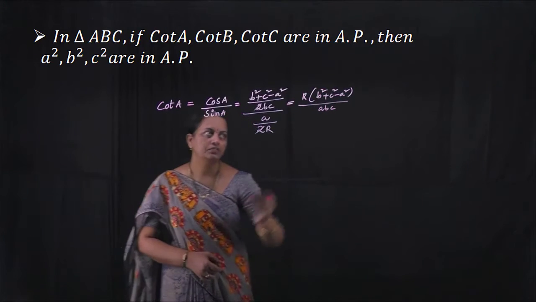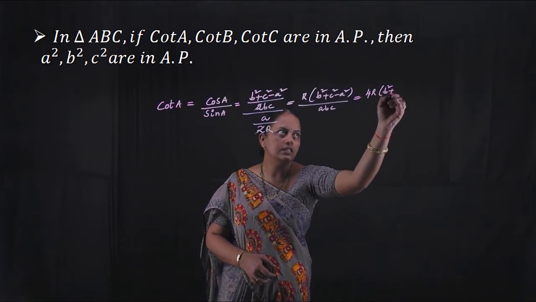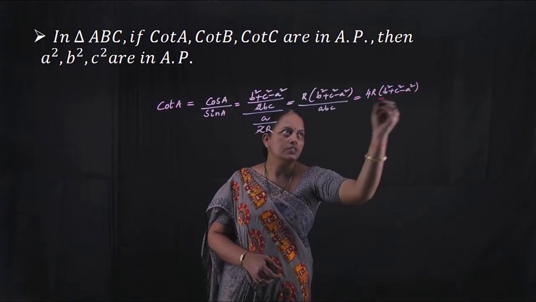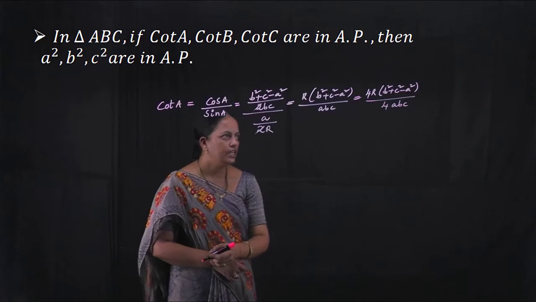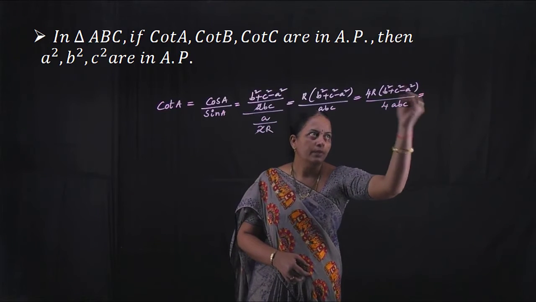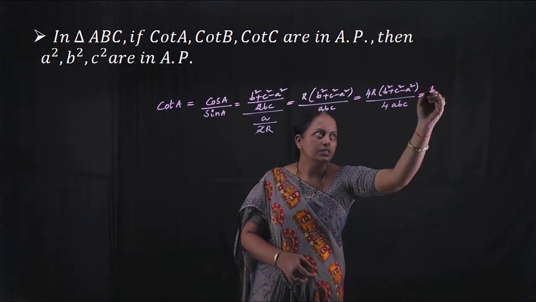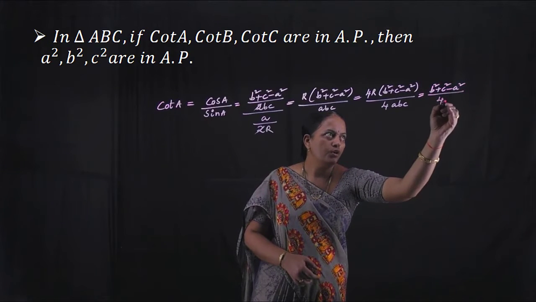Multiplying and dividing with 4, we get 4R into B square plus C square minus A square by 4ABC, and we know that ABC by 4R is equal to delta. So by applying that, we can write B square plus C square minus A square by 4 delta.